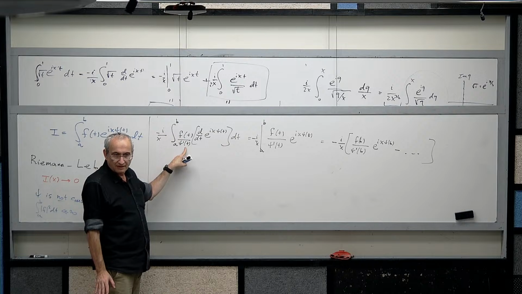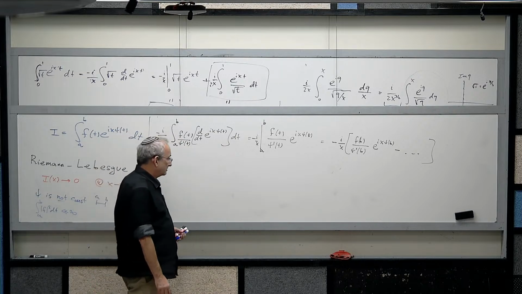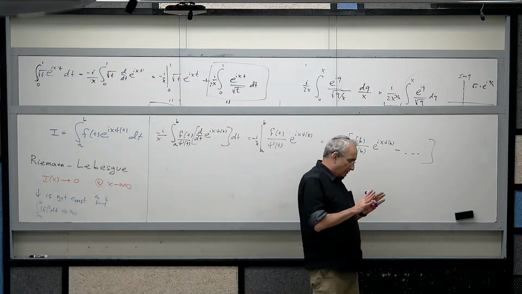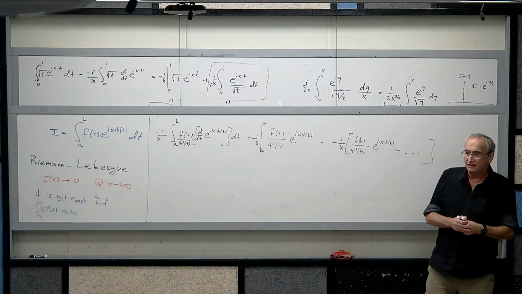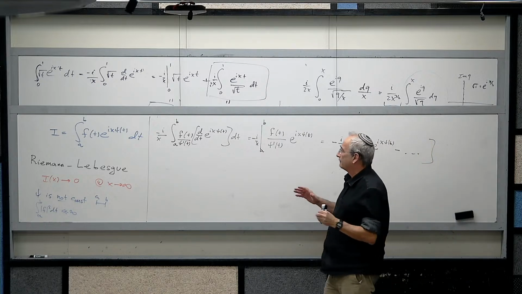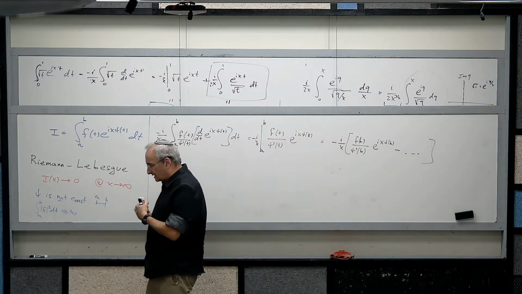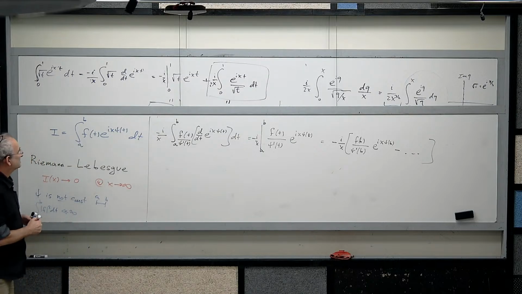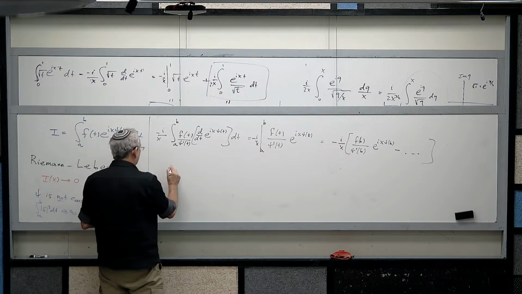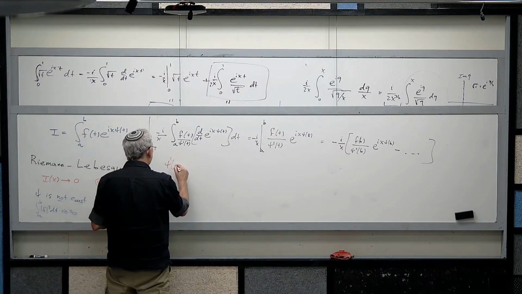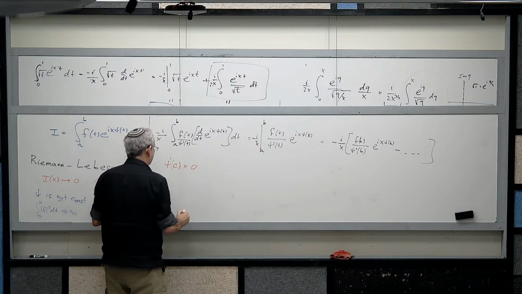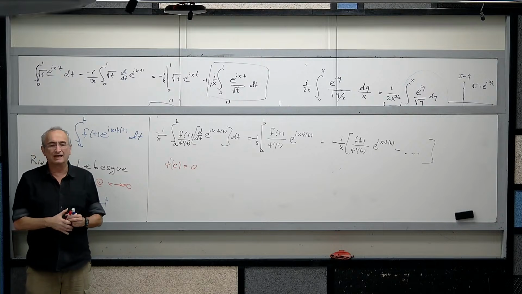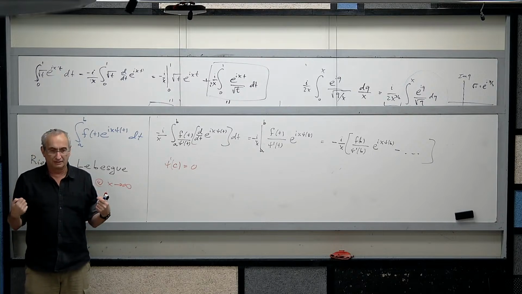Now, what is the logic here? The logic is that when psi prime of some point C, say, is 0, it implies that psi changes slowly in the vicinity of C.